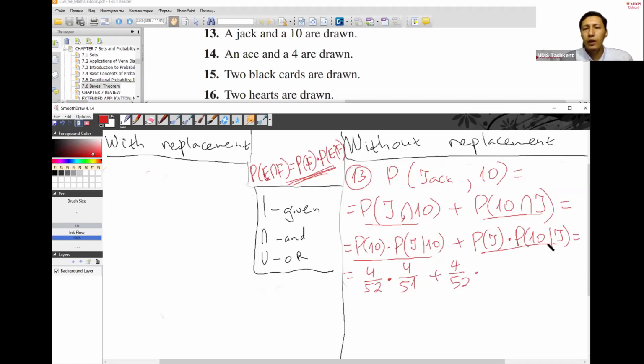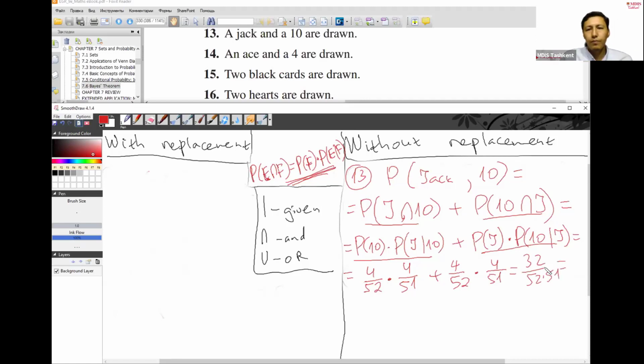Now we take out jack. What's the probability of choosing 10? We still have 4 10s, but we have 51 cards left. So 4 times 4 is 16, so 32 divided by 52 times 51.